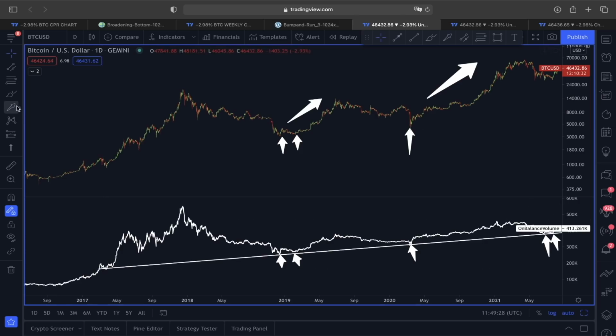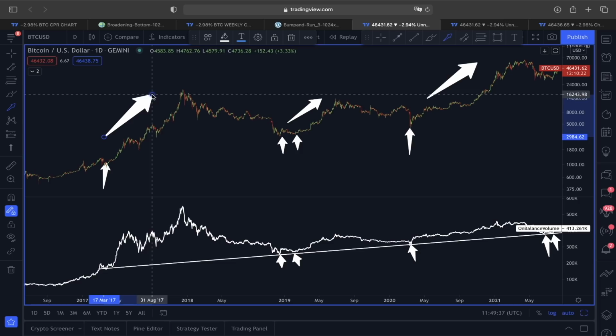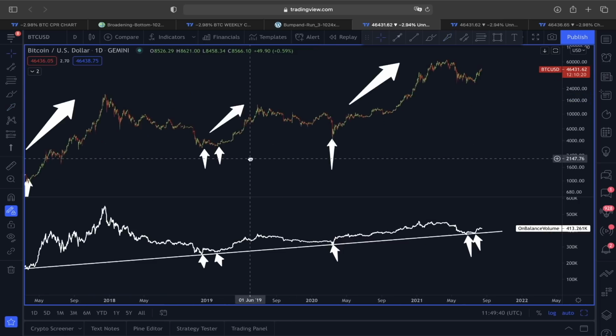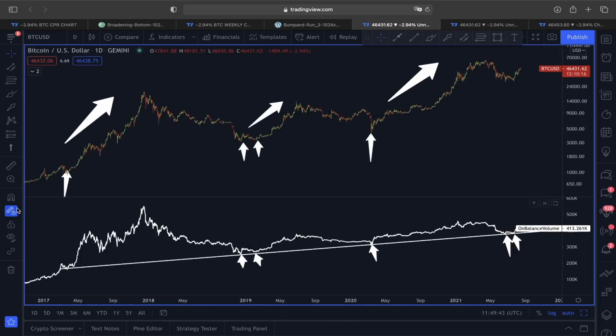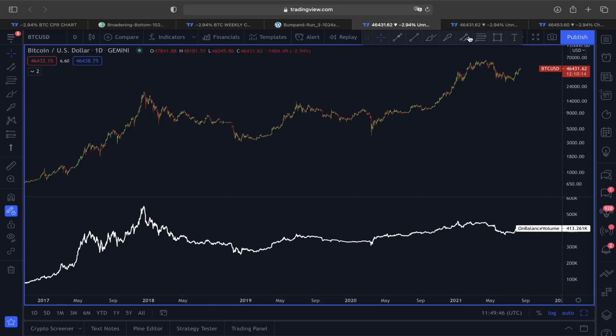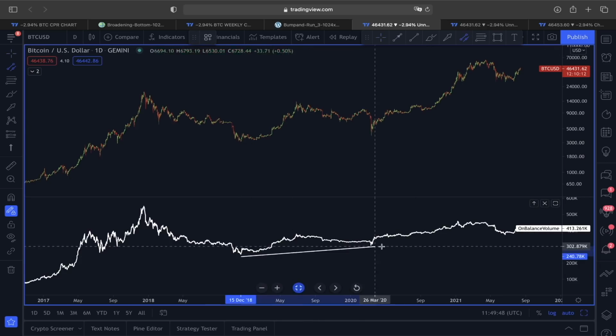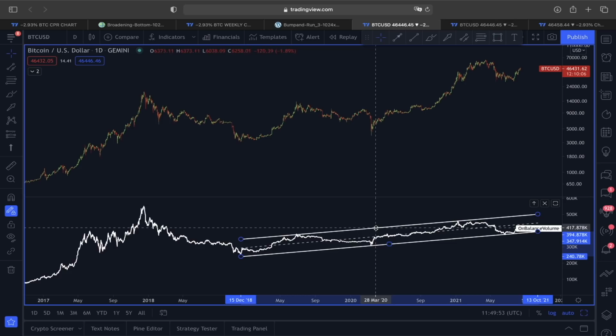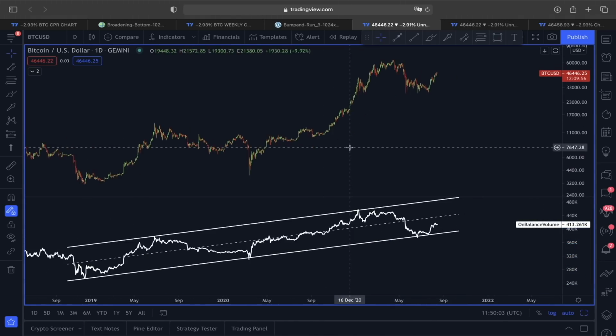You can also see from 2017, after this, a new impulsive move started to the upside. But to understand it even more clearly, what we can simply do is add this rising trend line in this way and look at the price action of Bitcoin.